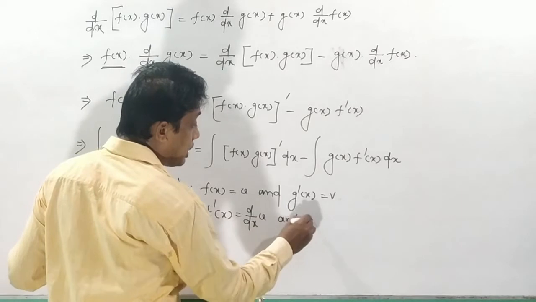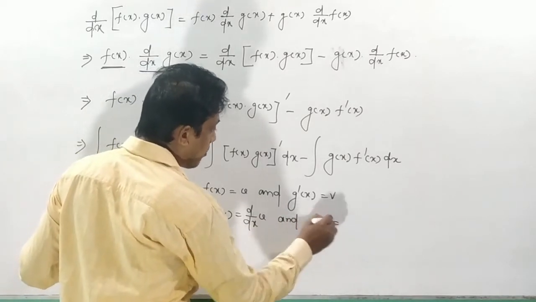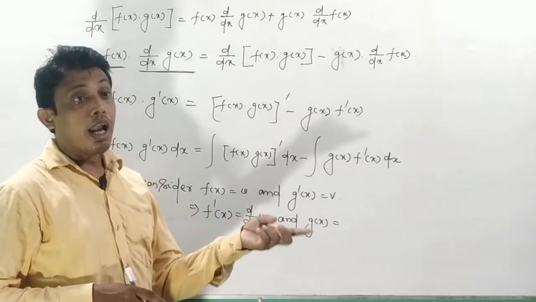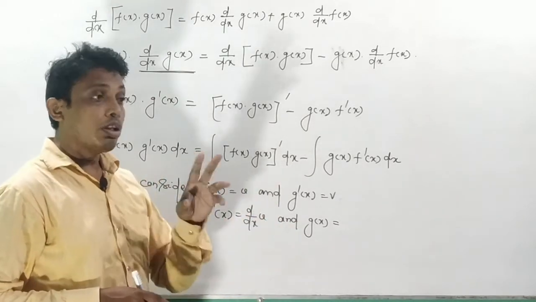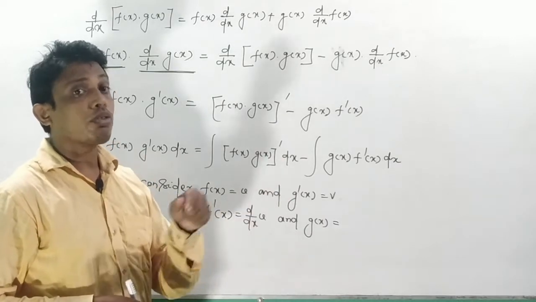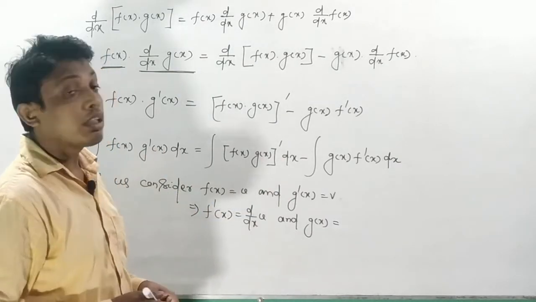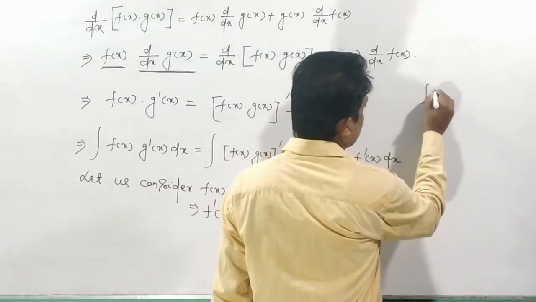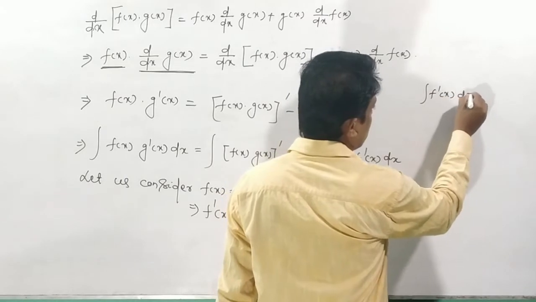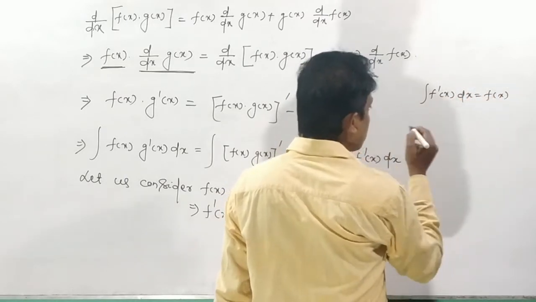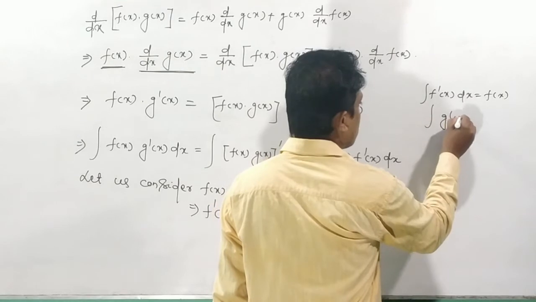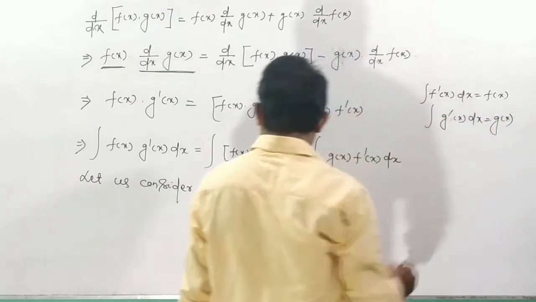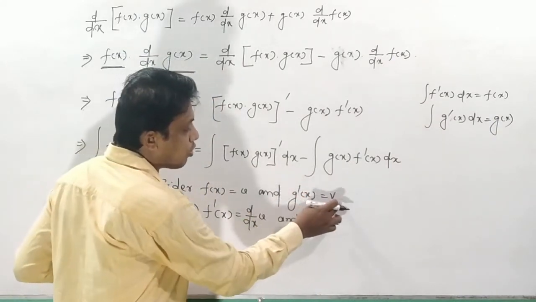Since integration is the inverse operation of a derivative, the integration of f dash x into dx is f(x). Similarly, the integration of g dash x into dx is g(x). So here g dash x is equal to v.